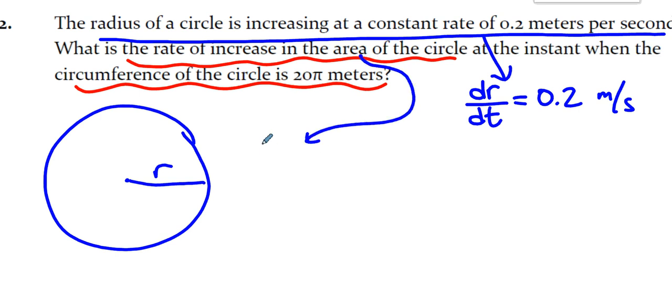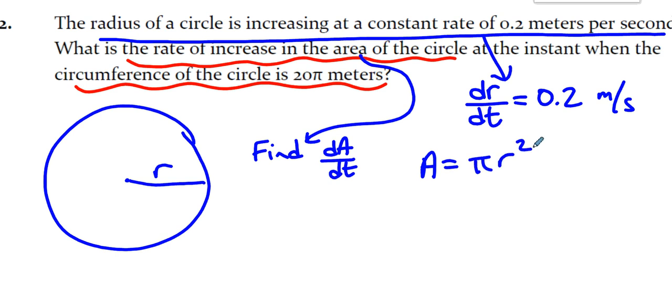So we are interested in the rate of increase of the area of the circle. That's what we're trying to find, which means we need a relationship between the area of a circle and the radius of the circle. And that appears to be this formula. So if that's the formula, then we take the derivative on both sides with respect to time.